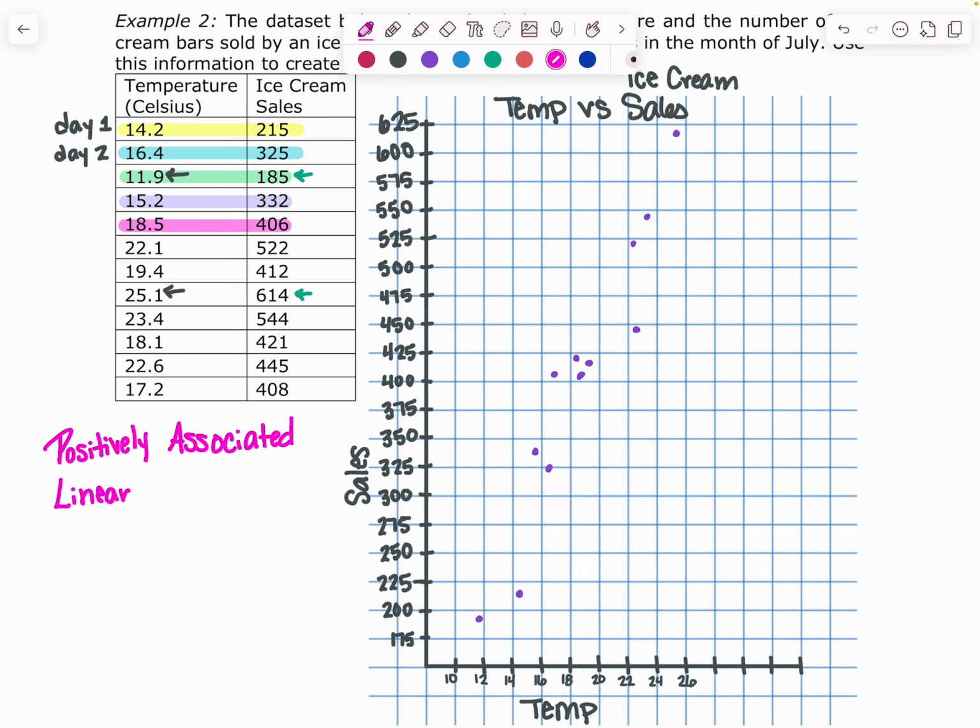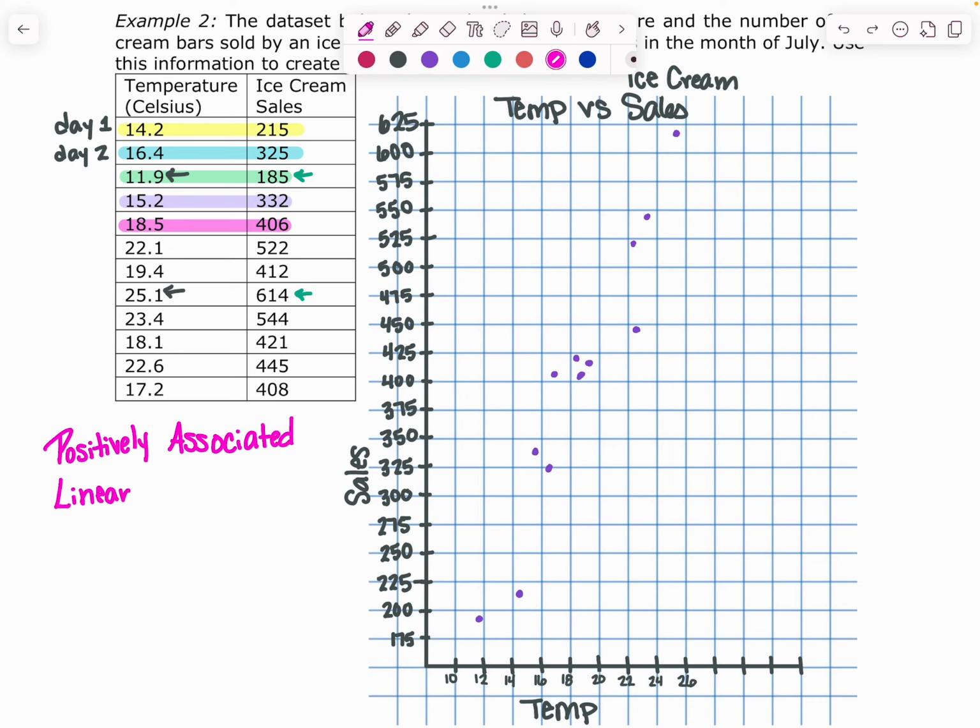And then the strength. That question is, does it look like the dots are kind of close to a straight line, or do they look pretty spread apart? To me, it looks like if I were to draw a line through the dots, I could get a line through here that would be pretty close to all of the dots.